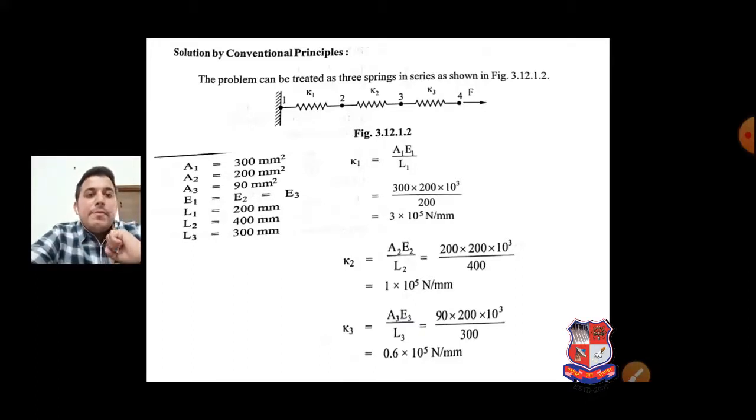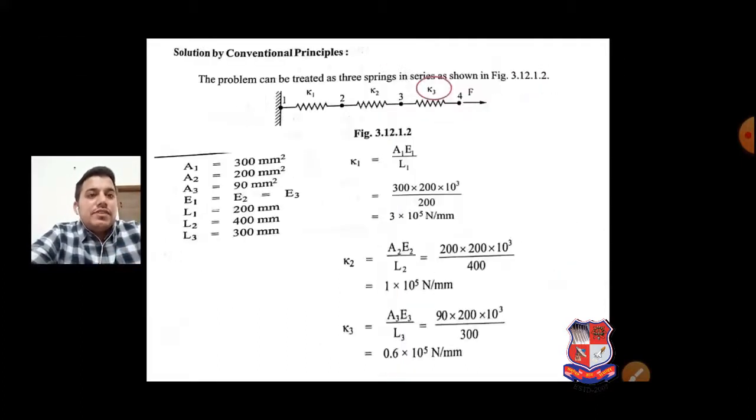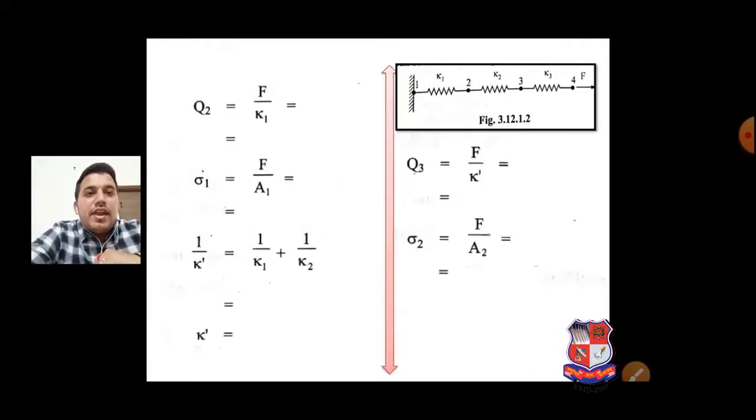Now we have to find the next step, the global stiffness matrix. Let's start with the global stiffness matrix. Before that, we have to find the displacement at each and every place.